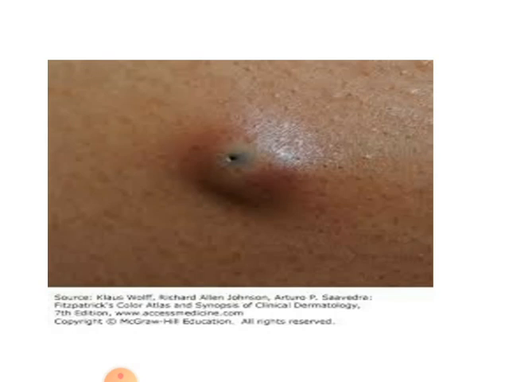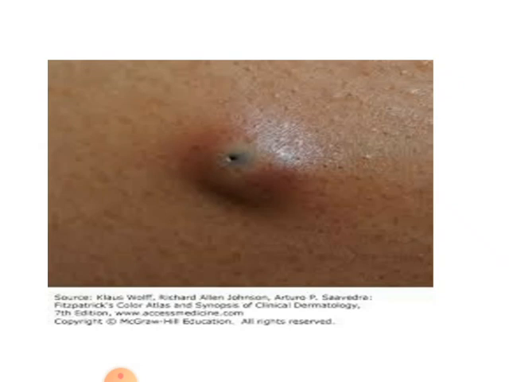We start with the sebaceous cyst. Sebaceous cyst is a cyst which is formed of the sebaceous glands. Sebaceous glands secrete an oily material, the sebum, on the skin, and have an opening on the skin.